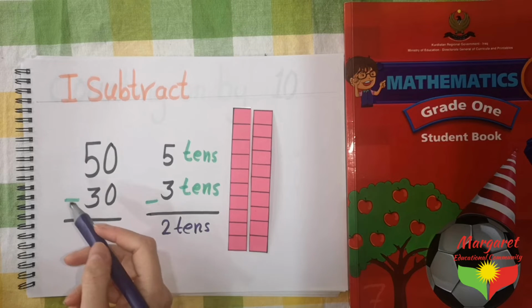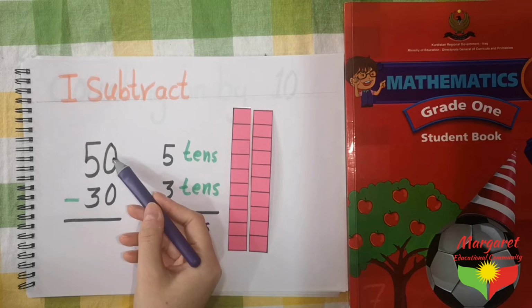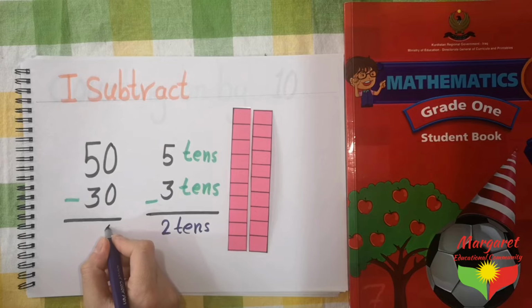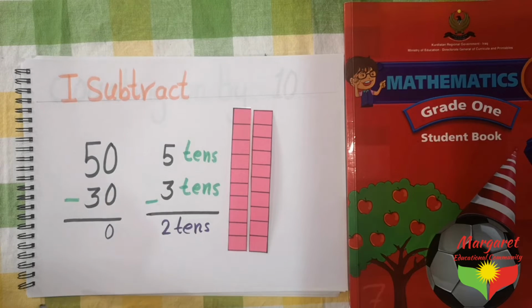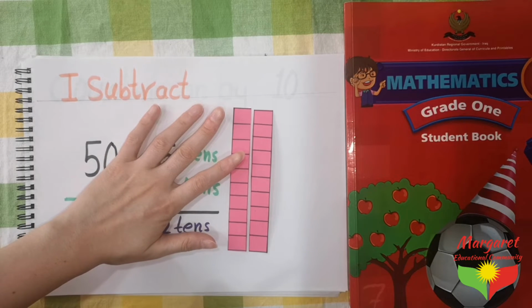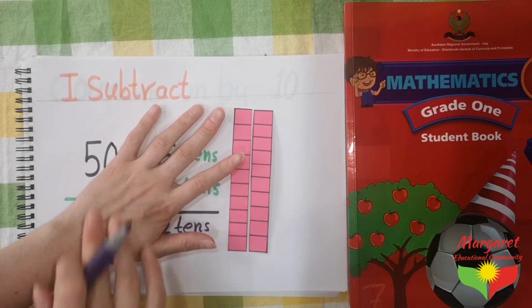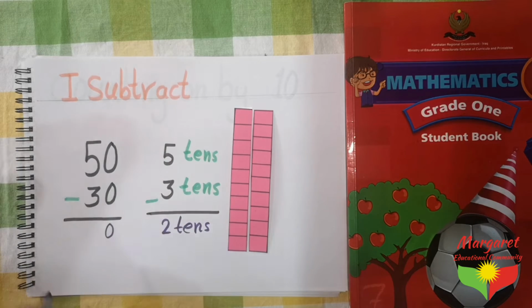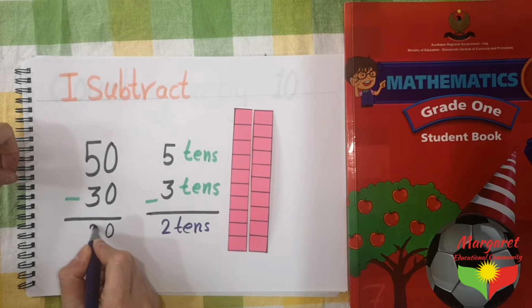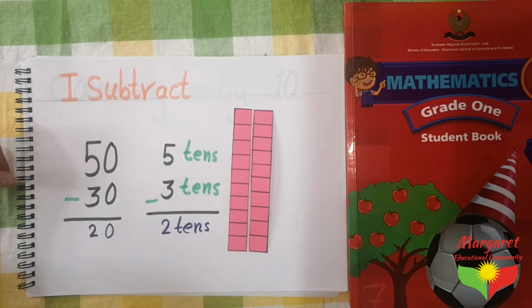Honey students, you can do it this way. 0 minus 0 is 0, and 5 minus 3. So 5, 1, 2, 3, 4, 5. Take away 3, 1, 2. So we write 2 under the tens column.